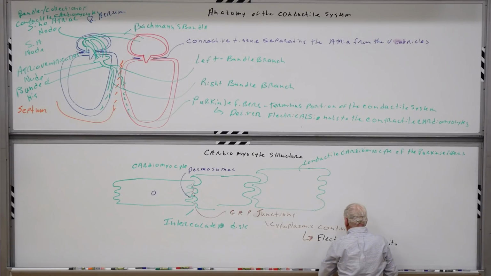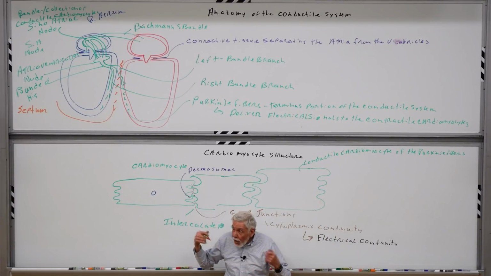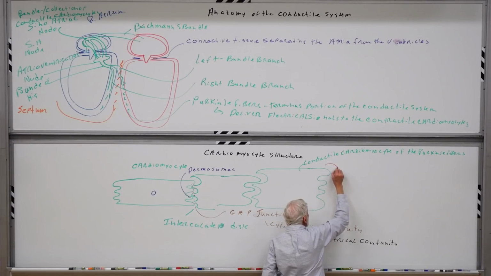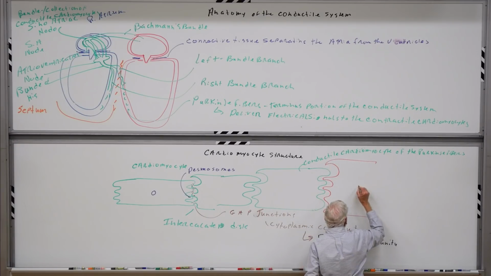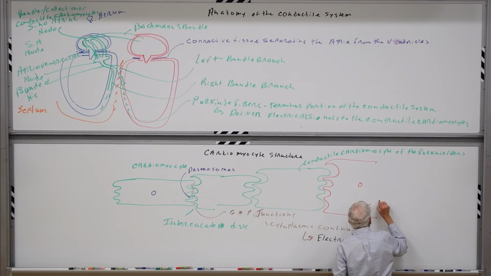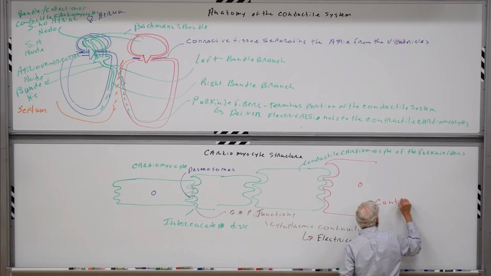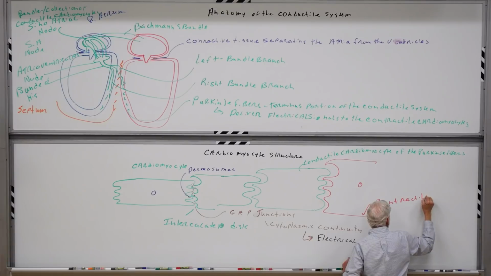Remember that I said the Purkinje fibers are an extension of the conductile system that forms a kind of interface here with this cell, which I'm going to label as a contractile cardiomyocyte.